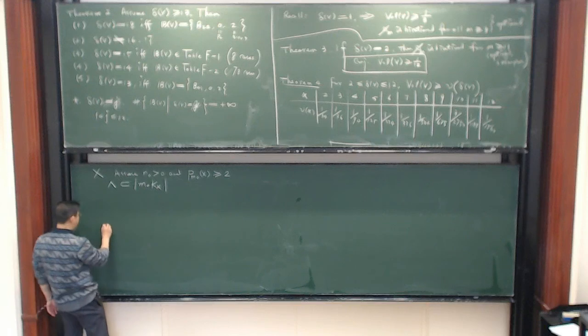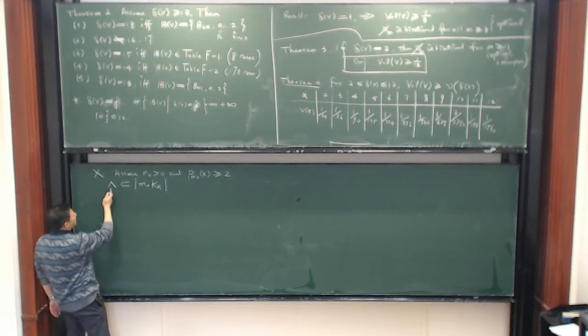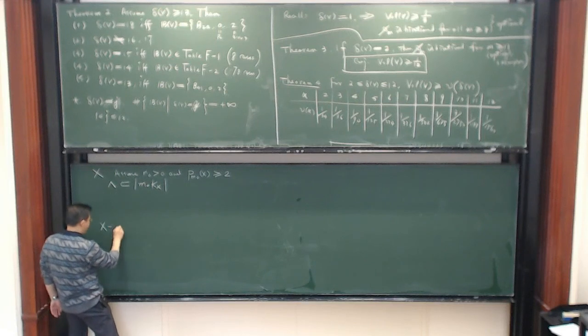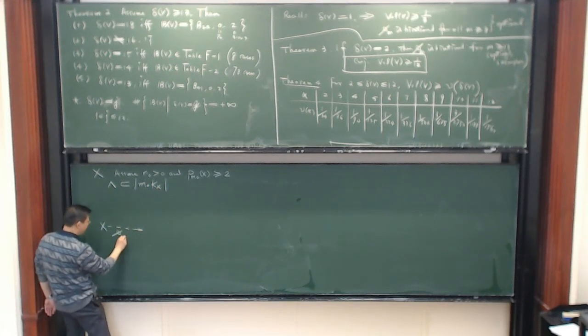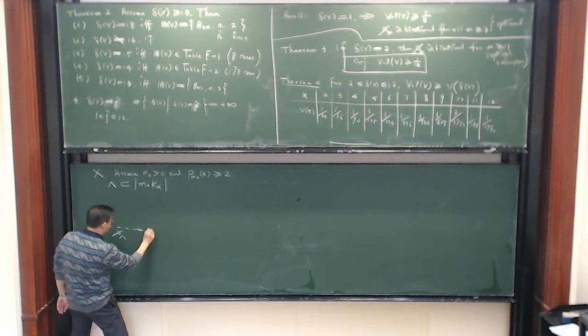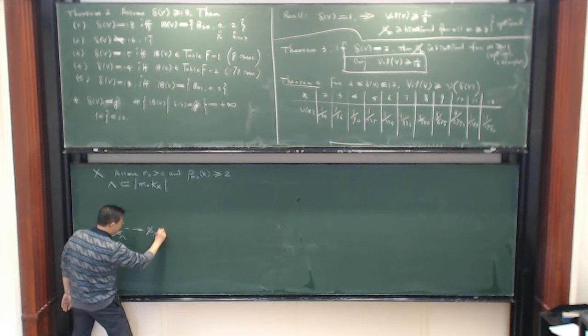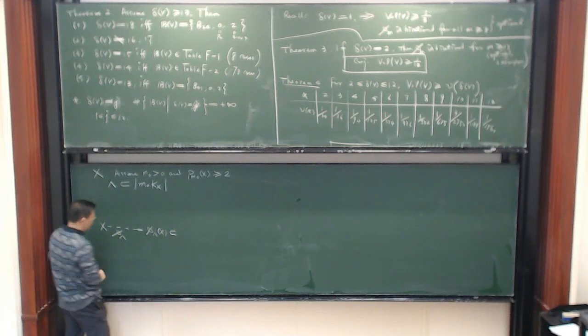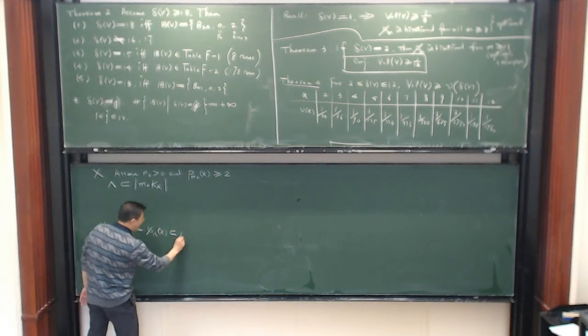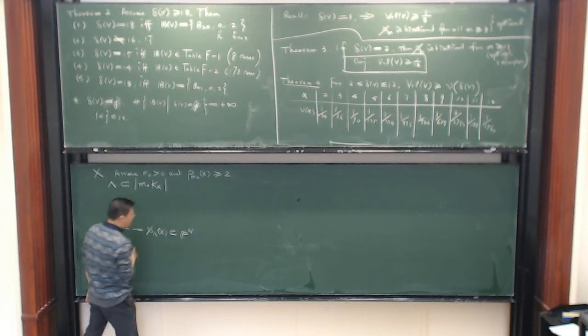First we have x here. So then we have a sublinear system which is moving. So we have a rational map defined by this phi lambda, and this is in some projective space.